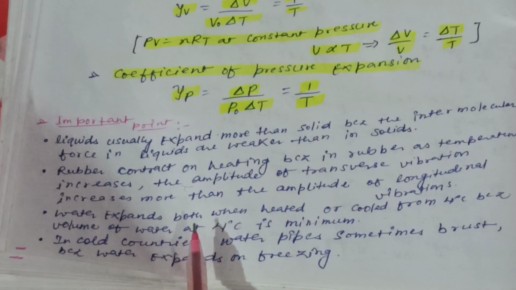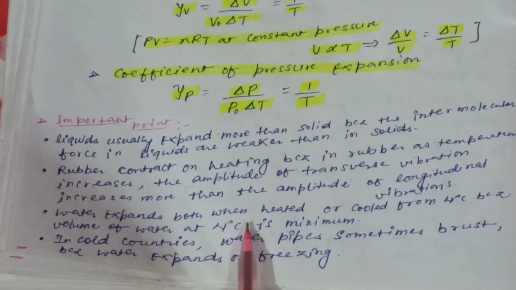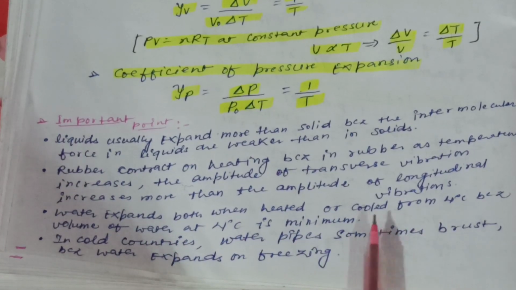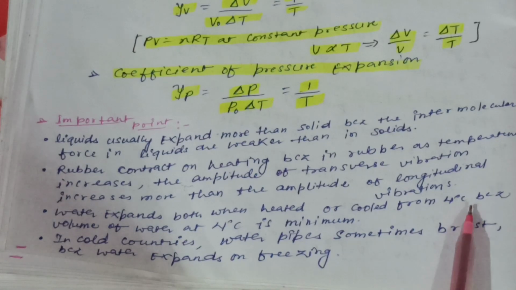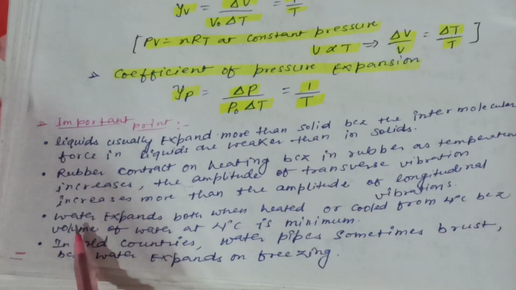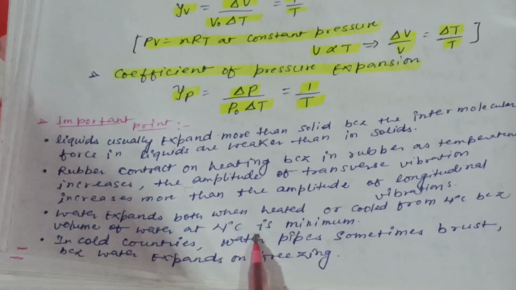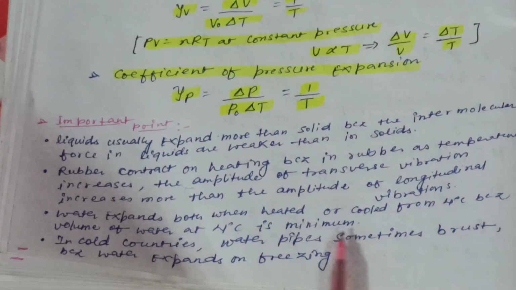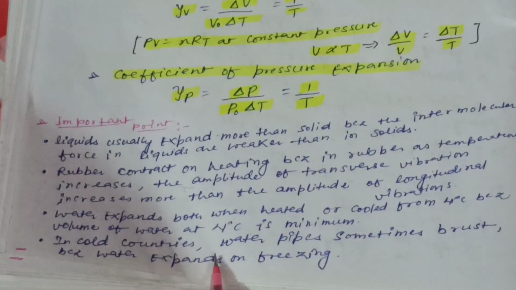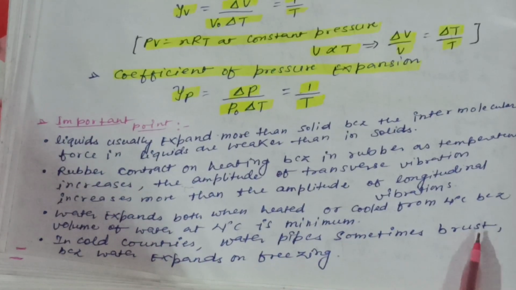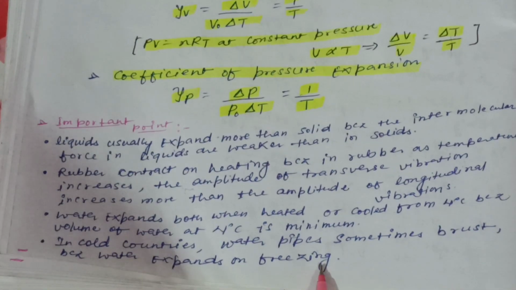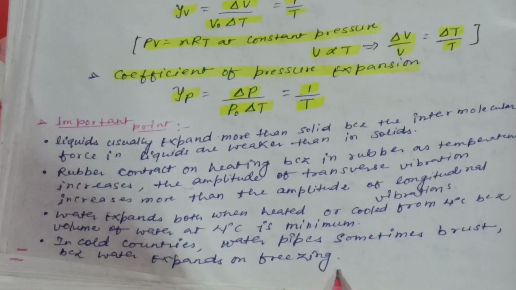Water expands both when heated or cooled from 4 degrees Celsius because the volume of water at 4 degrees Celsius is minimum. In cold countries, water pipes sometimes burst because water expands on freezing.